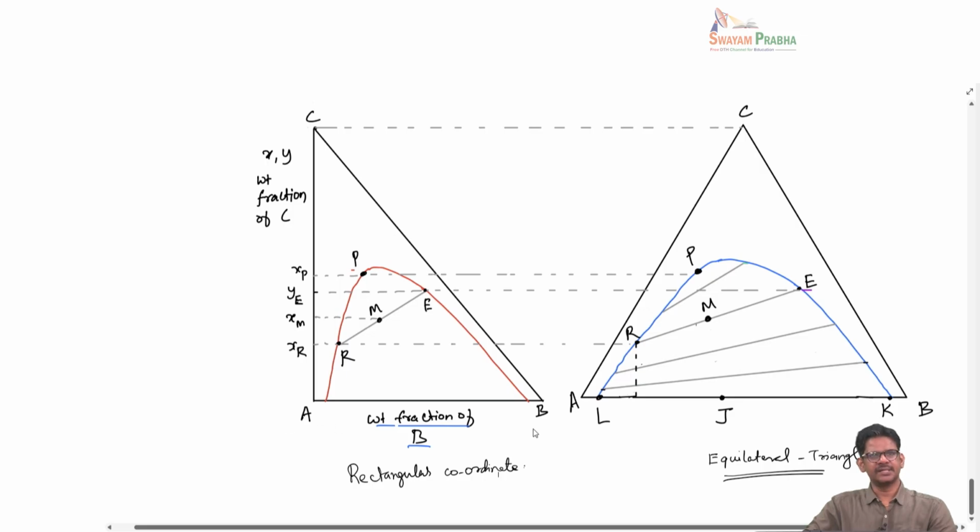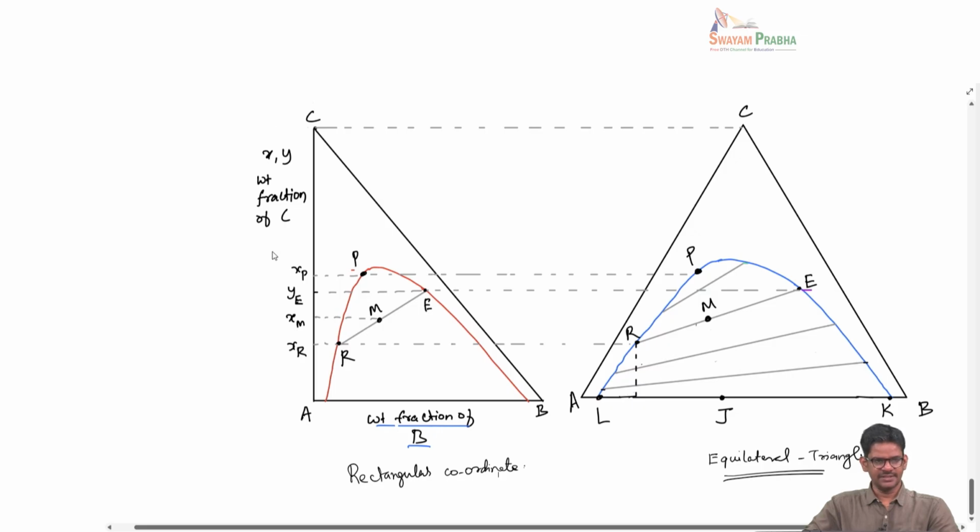in the abscissa or the x-axis we go from pure A to pure B, and here the axis is weight fraction of B. Okay, weight fraction of B in both phases, A rich and B rich.